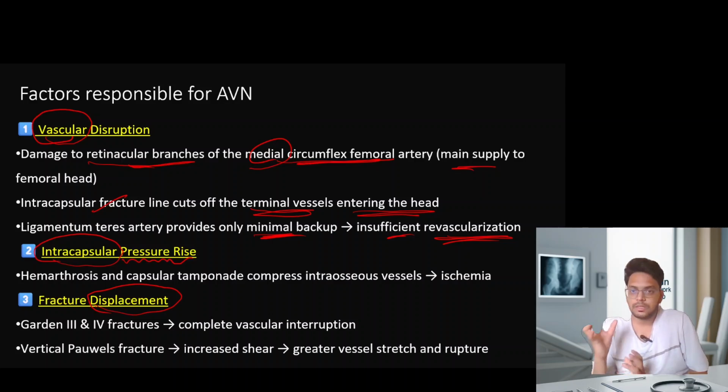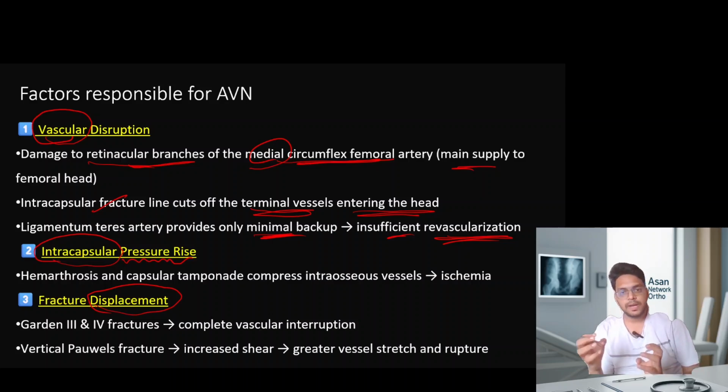The container will accumulate only whatever space it has, and if you try to inject more volume into it, there is an increased pressure within it, and the container will try to expand. Similar thing happens in the capsule.